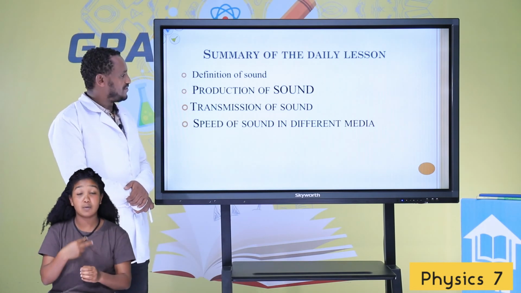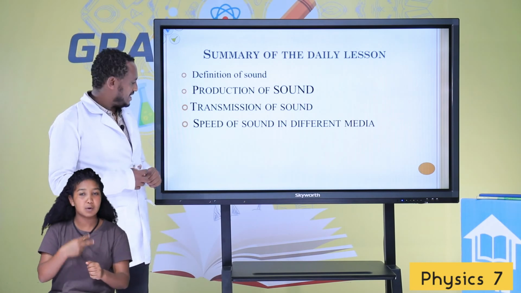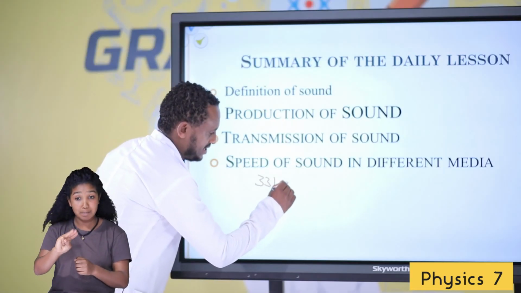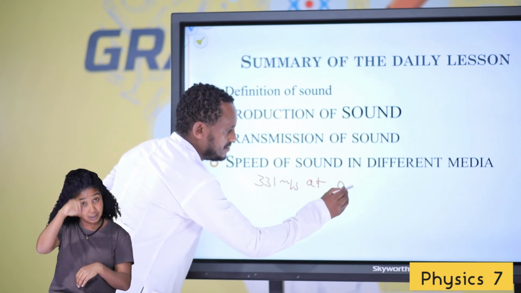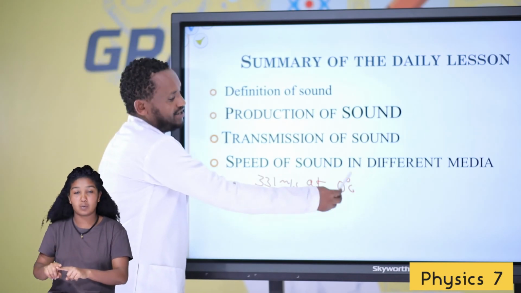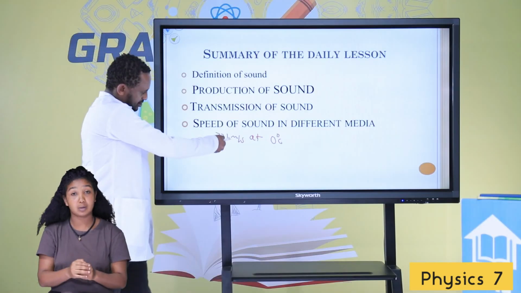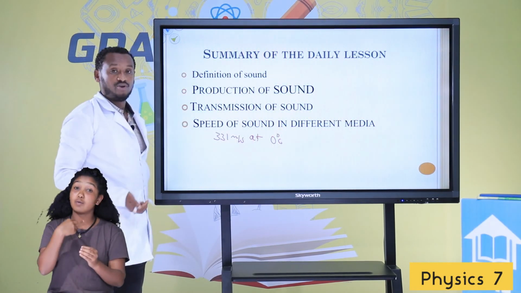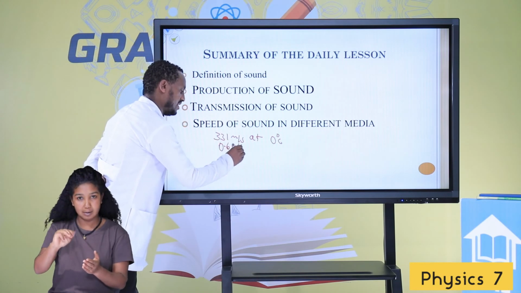Speed of sound in different media. Speed of sound in air is 331 meters per second at 0 degrees Celsius. Don't forget it, students. It depends on the temperature, because when the temperature increases, the speed of sound also increases by 0.6 meters per second.